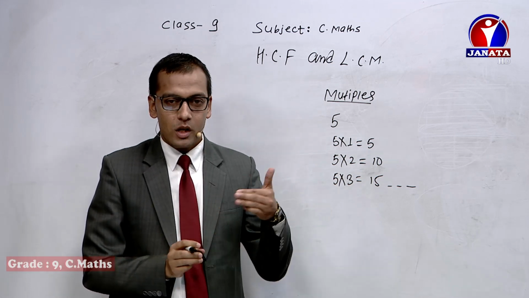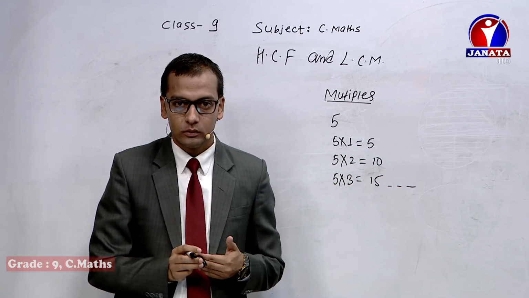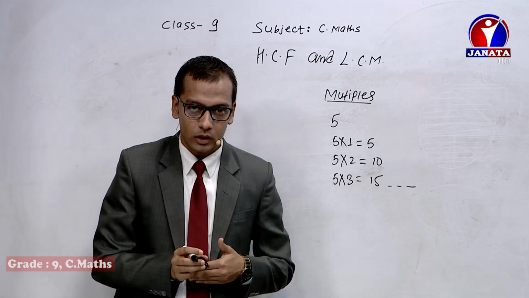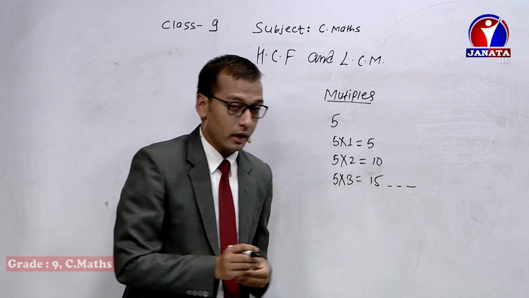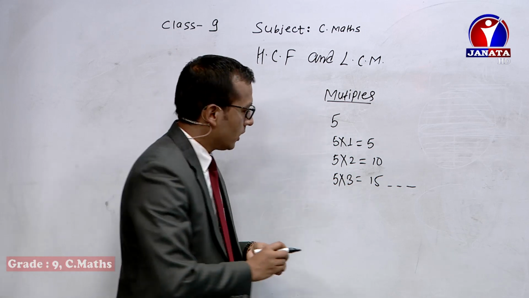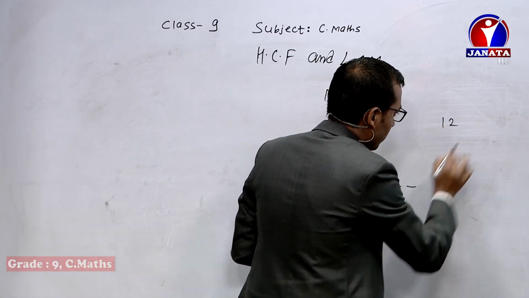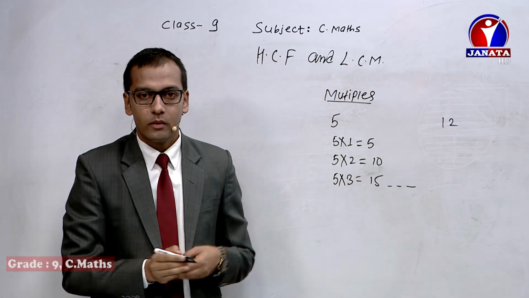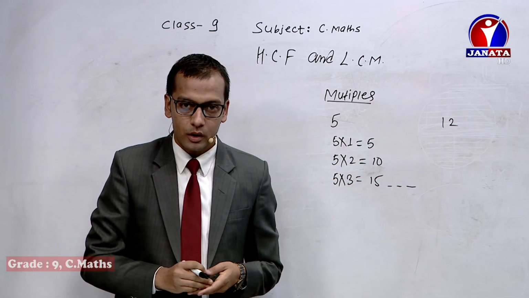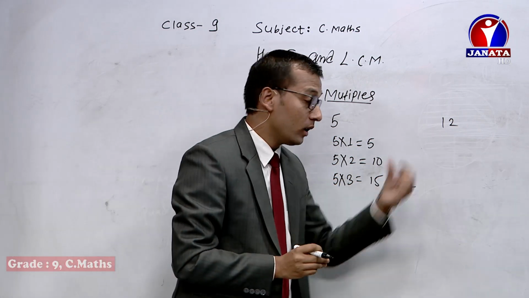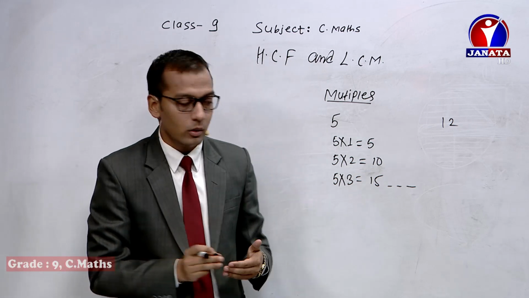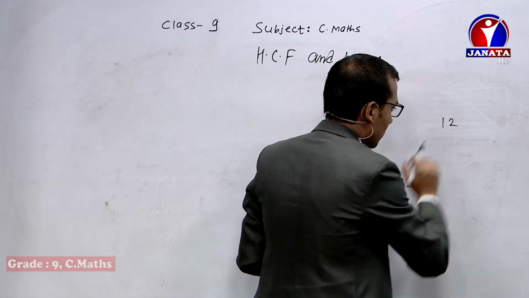Similarly, what are the factors of any number? I am taking a number here. So what are the factors of 12? Factors are those numbers which divide a given number exactly. So here we can factorize 12.